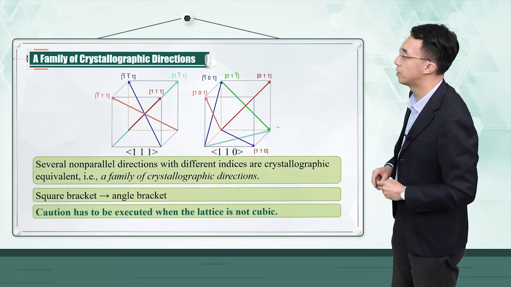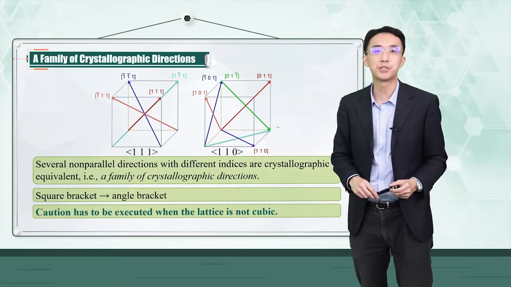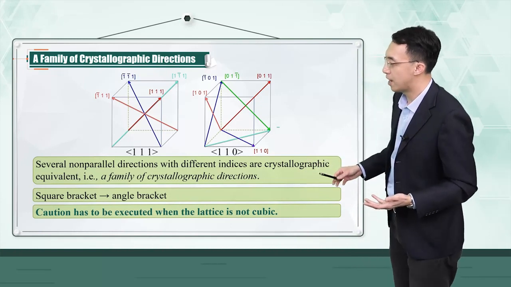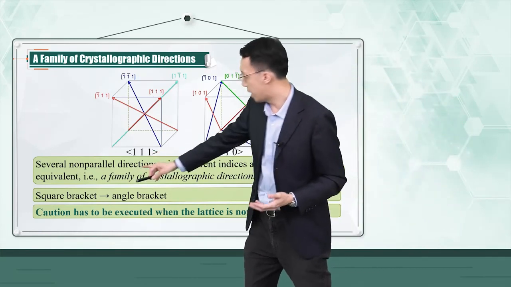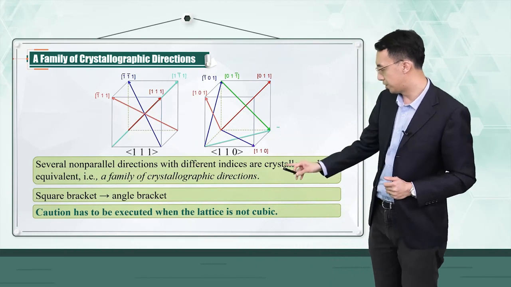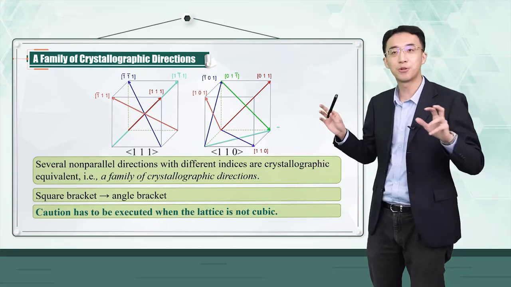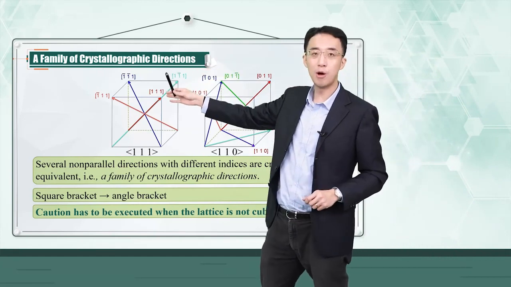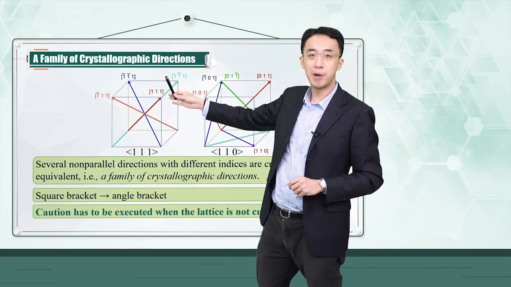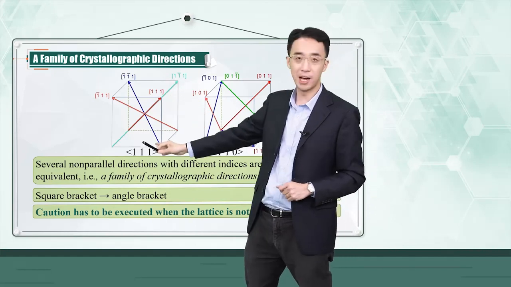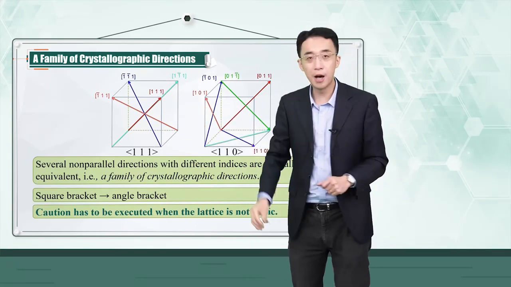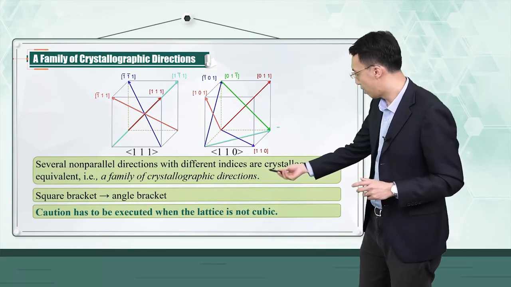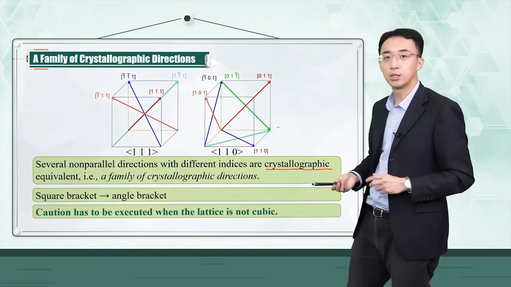Another important concept is the family of crystallographic directions. There are several non-parallel directions with different indices that are so-called crystallographically equivalent. For example, you may have four 111-type non-parallel directions in a cubic cell. These are the four non-parallel 111 directions, and all of them are crystallographically equivalent.